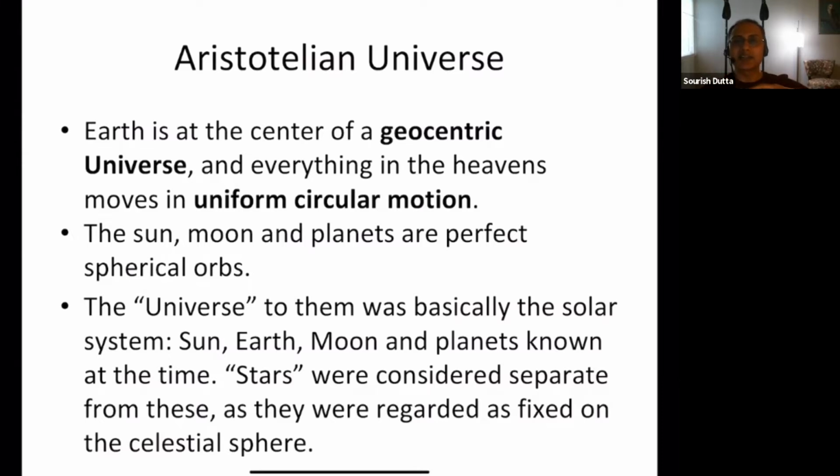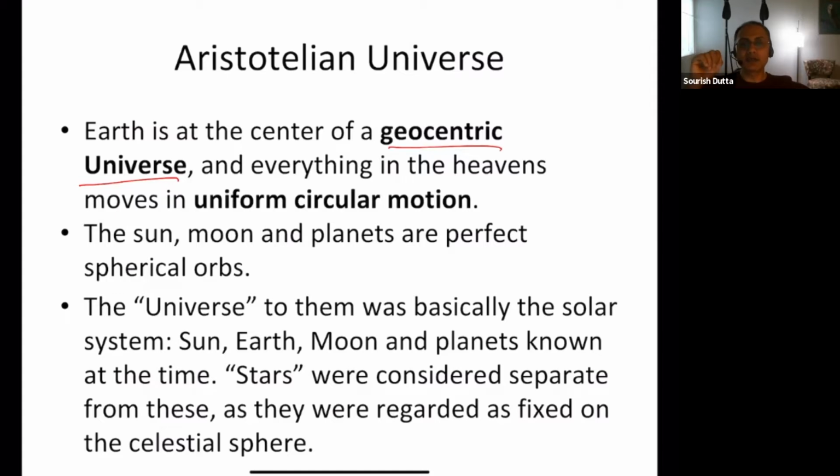So Aristotle came up with the geocentric model of the universe. What does geocentric mean? Geocentric means that Earth is at the center of the universe. So that's why it's called geocentric. So in this model, the Earth is located at the very center of the universe, and everything in the heavens, stars, planets, sun, moon, everything orbits the Earth in uniform circular motion.